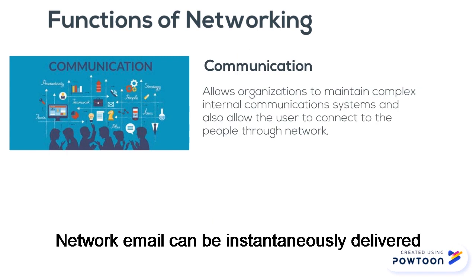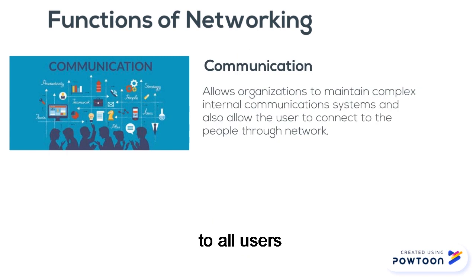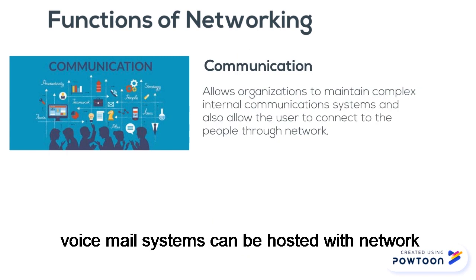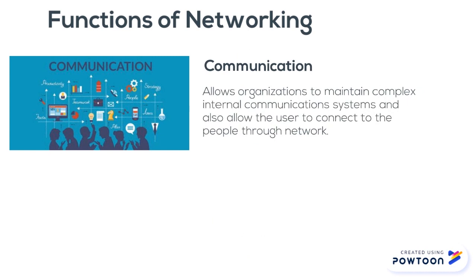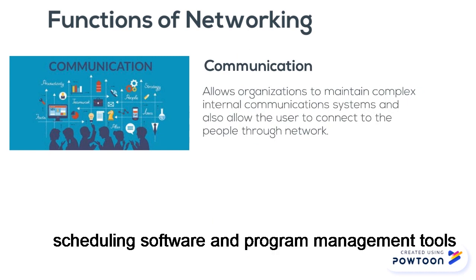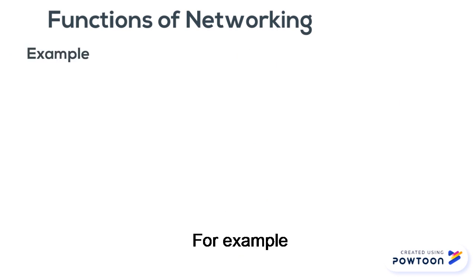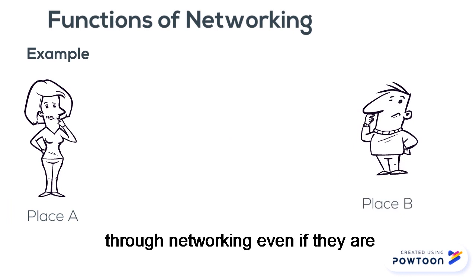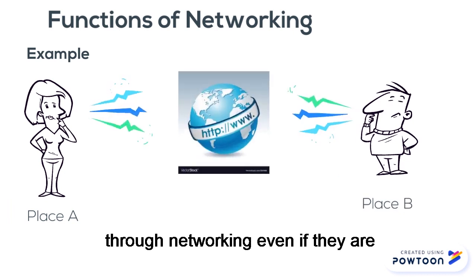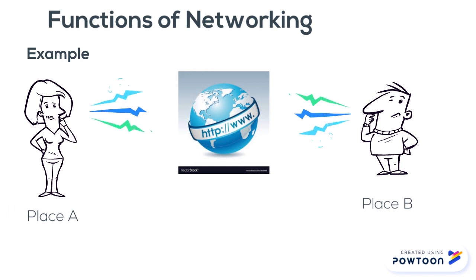Network email can be instantaneously delivered to all users. Voicemail system can be hosted with network and made available system-wide, along with collaborative scheduling software and program management tools. For example, the users can simply communicate with each other through networking even if they are at different locations.